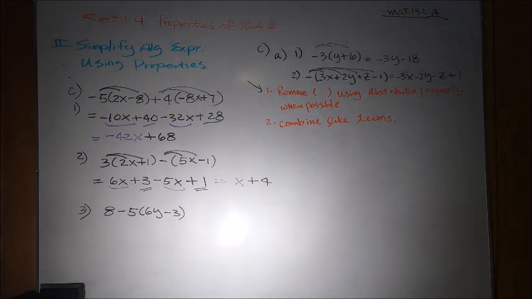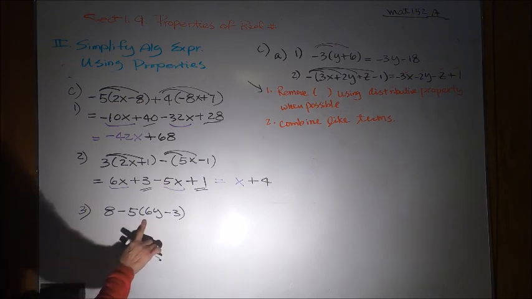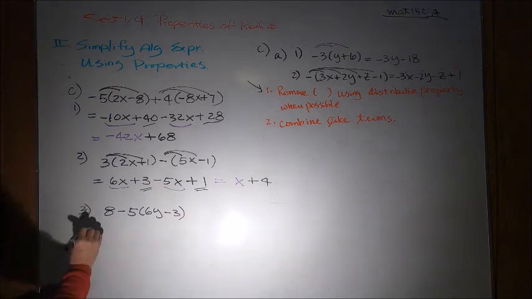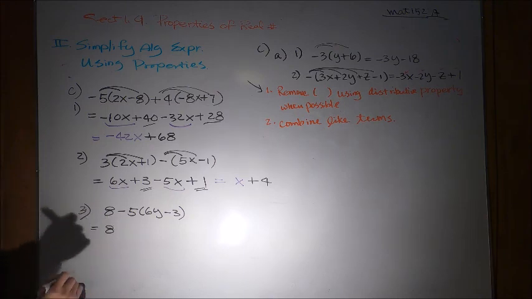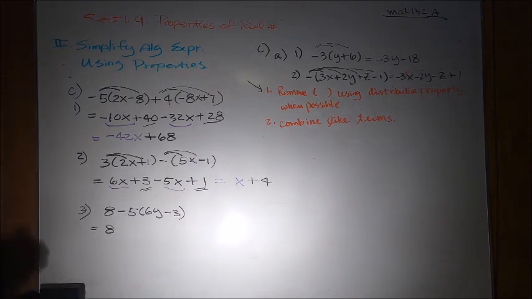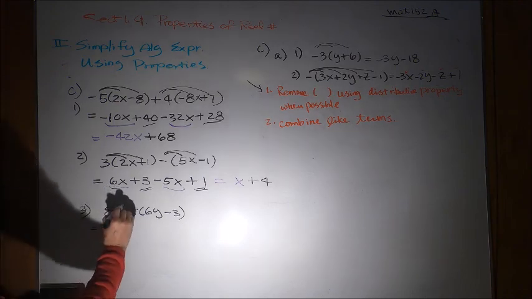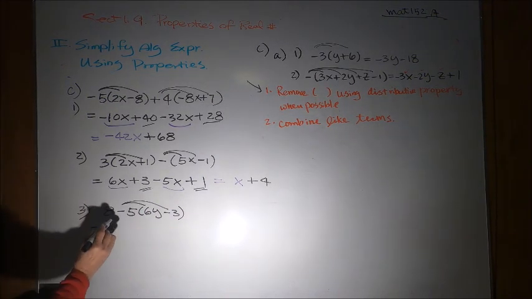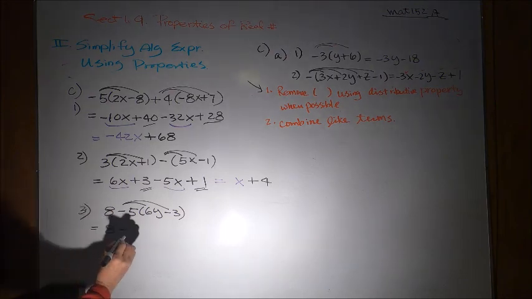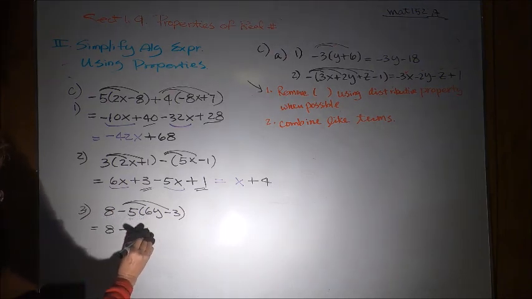Okay, for this one, this is a multiplication, this is a subtraction. Of course, what do we do first? Multiplication. So 8 is 8. Then you distribute the 5. Minus 5 is the same thing as negative 5. So you distribute: negative 5 times 6y will be negative 30y.